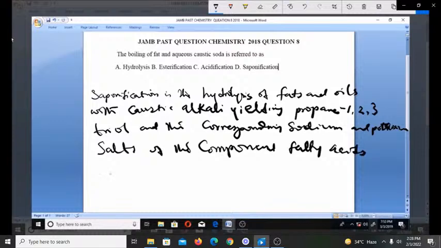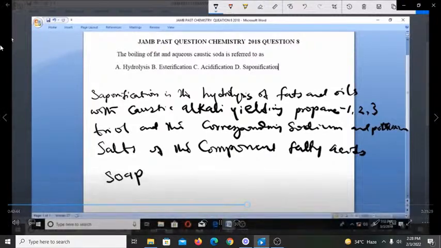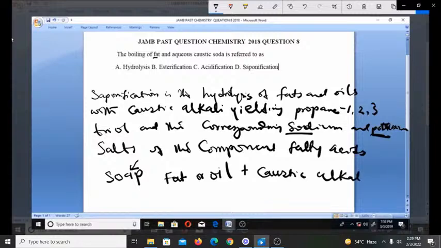So saponification is actually used in soap production. So the salts of these are sodium and potassium. They are actually the major components of the soap. So we use saponification for soap production. So in saponification, what happens is you have your fat or oil. In this case, we are using fat. So fat or oil plus caustic alkali, in this case we are using aqueous caustic soda.